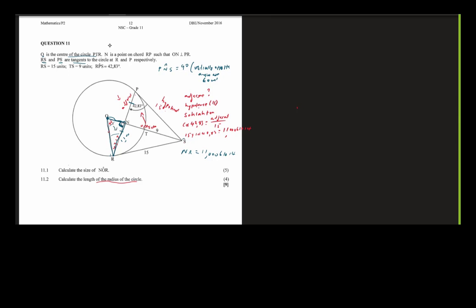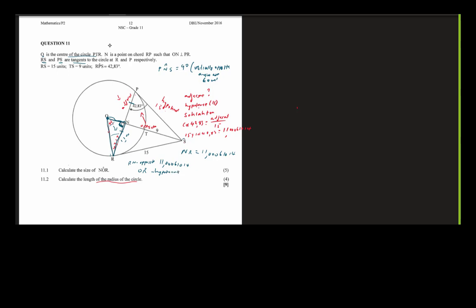It means RN will be opposite. It's opposite to this angle. So I have the opposite side, which is 11,00061014. I'm looking for OR because it's the radius, which is also the hypotenuse.